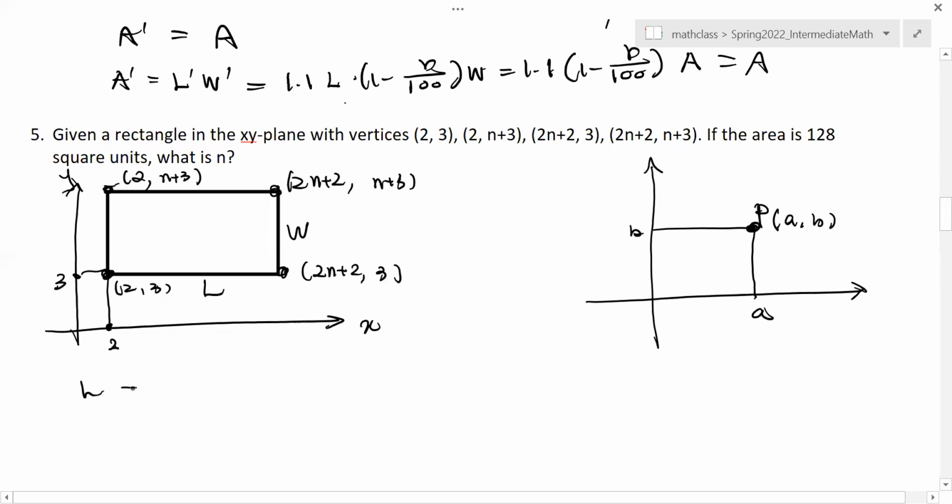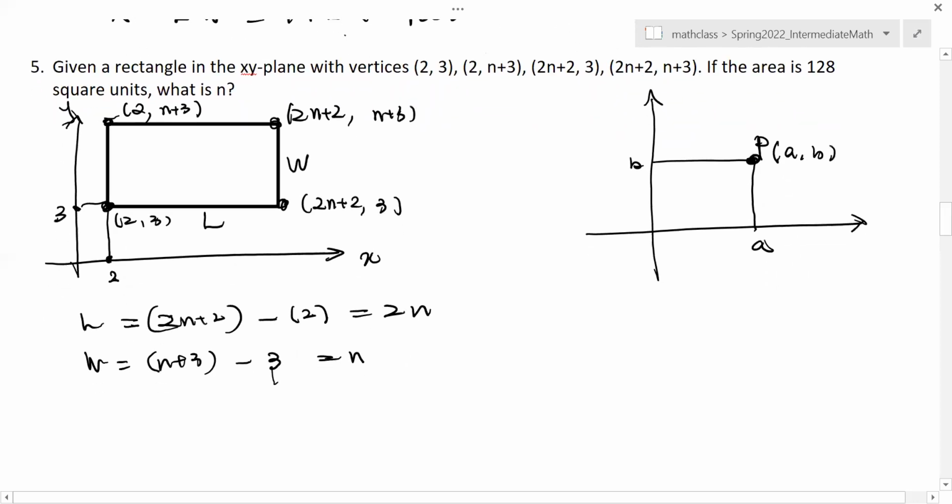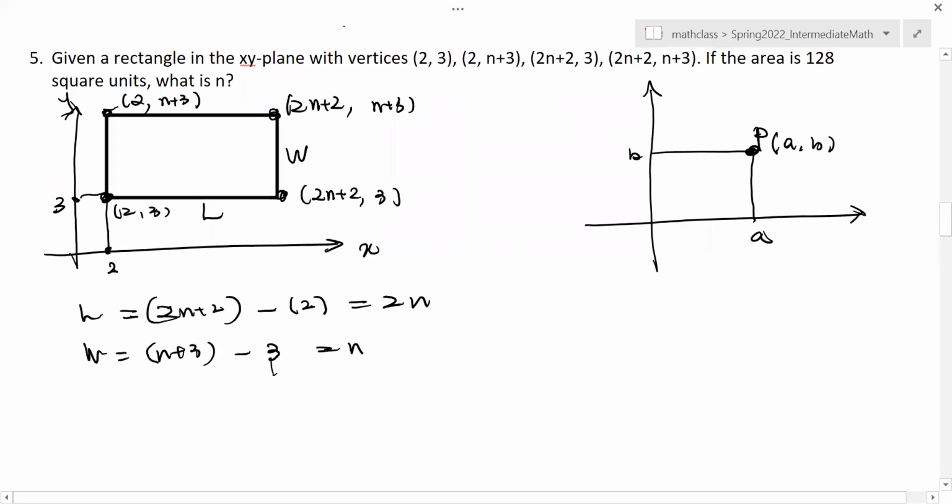The length in this case is from 2 to 2n plus 2, so the length is the difference of those two numbers, which is 2n. The width is the difference of their second coordinates, the y-coordinates. That's going to be n. Okay. So once you figure that out, it's easy to solve the problem.